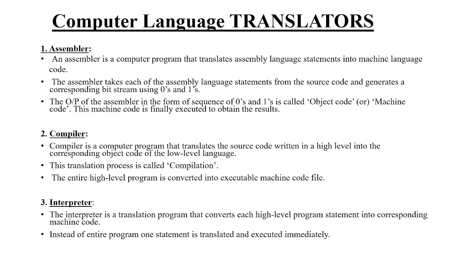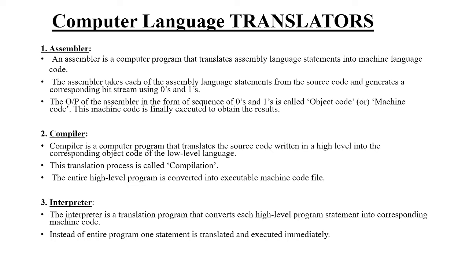And this translation process is called compilation. The entire high-level program is converted into executable machine code file, where we are going to call it as an object code. After conversion, then only it will be executed to obtain the result.